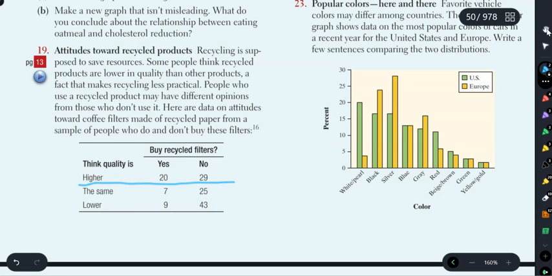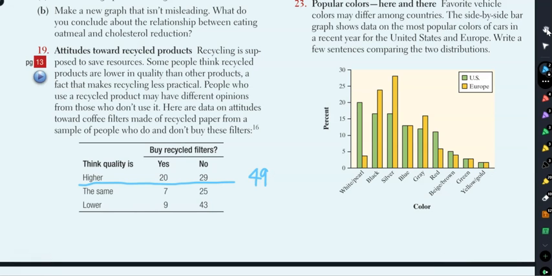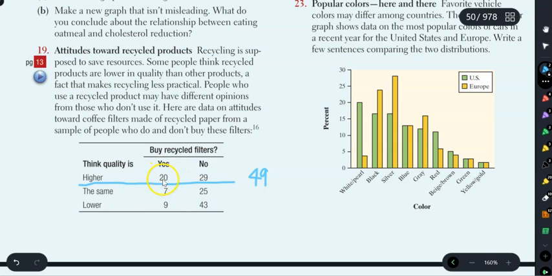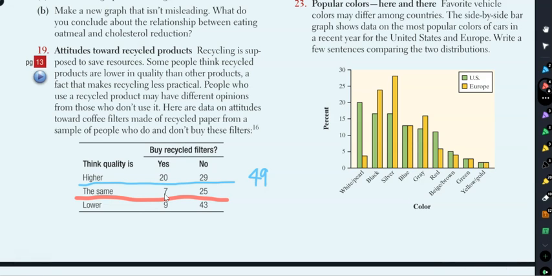was higher? Okay, if you total those across, 49. Of the 49 that thought the quality was higher, 20 actually bought the recycled and 29 did not. So let's look at the next one. The same. 7 people thought that the filters were the same. Recycled didn't make a difference whether or not they were the same as a regular filter.